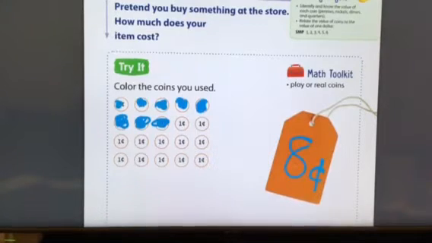The coins that are not colored in will still be in your pocket. You do not need to give those to the person. So you will give them 8 cents and you will still have these coins left. So when you are counting pennies, you are counting by ones just as we did.